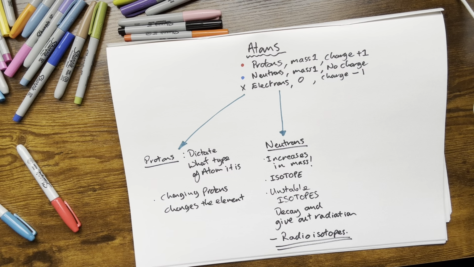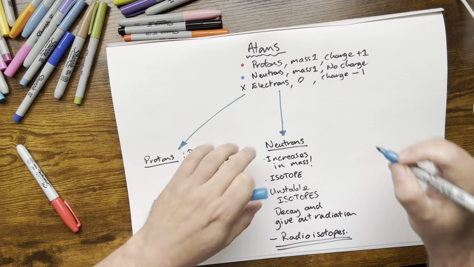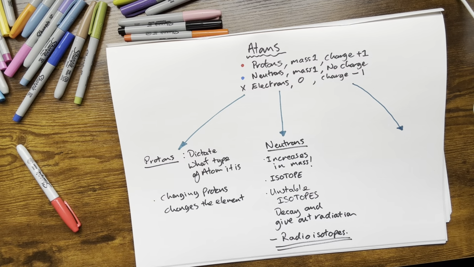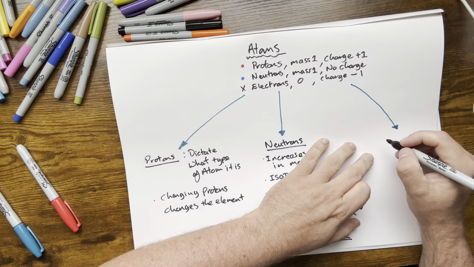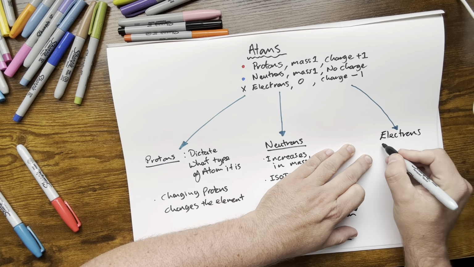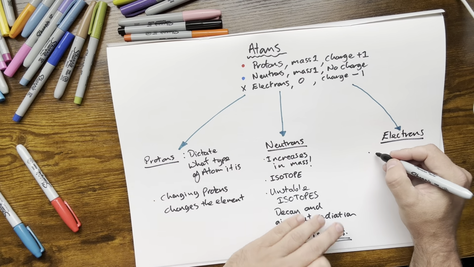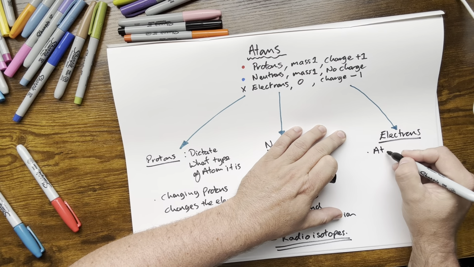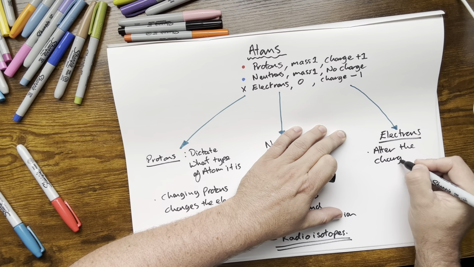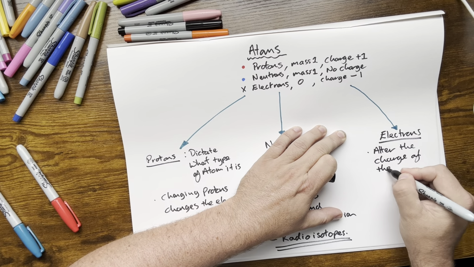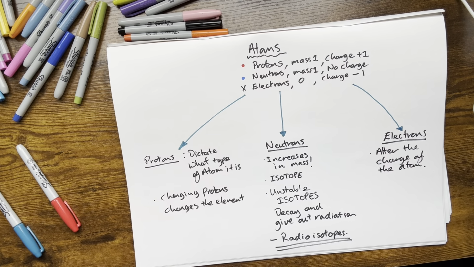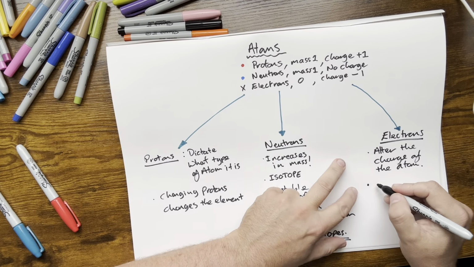Finally, let's talk about electrons. When you add or remove electrons, you alter the charge of the atom. And you create something called an ion.